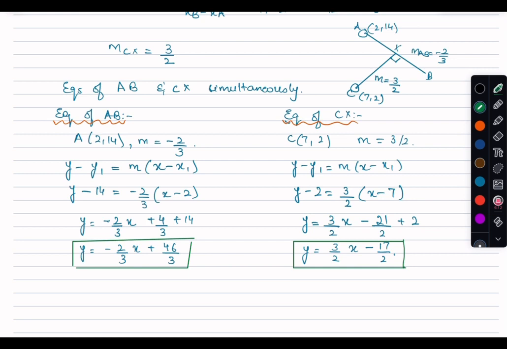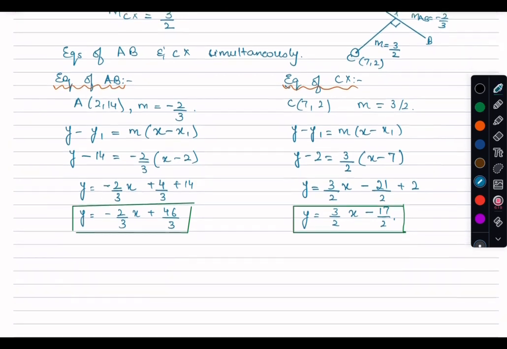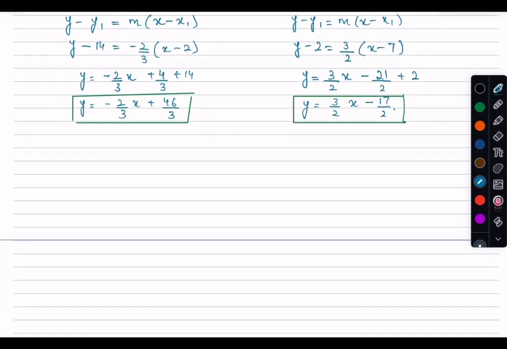I can just solve the two line equations, AB and CX, simultaneously to get the coordinates of X. That means I should be equating both the equations. So my negative 2 by 3 x plus 46 by 3 equals 3 by 2 x minus 17 by 2.